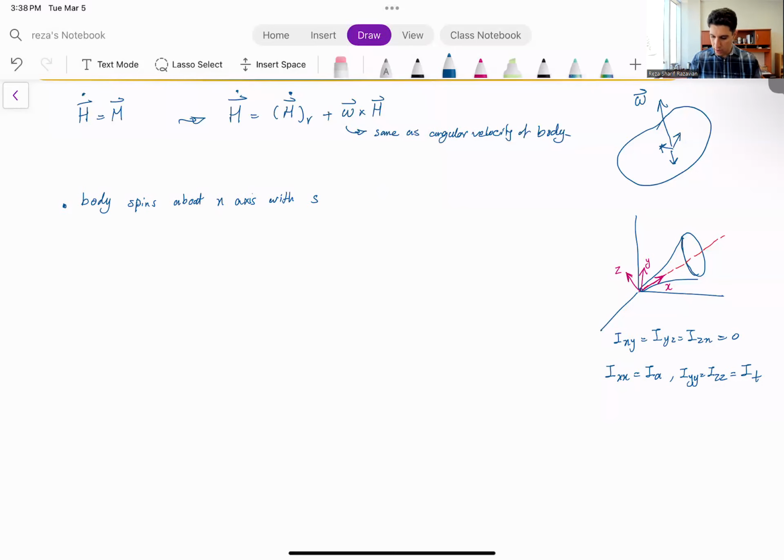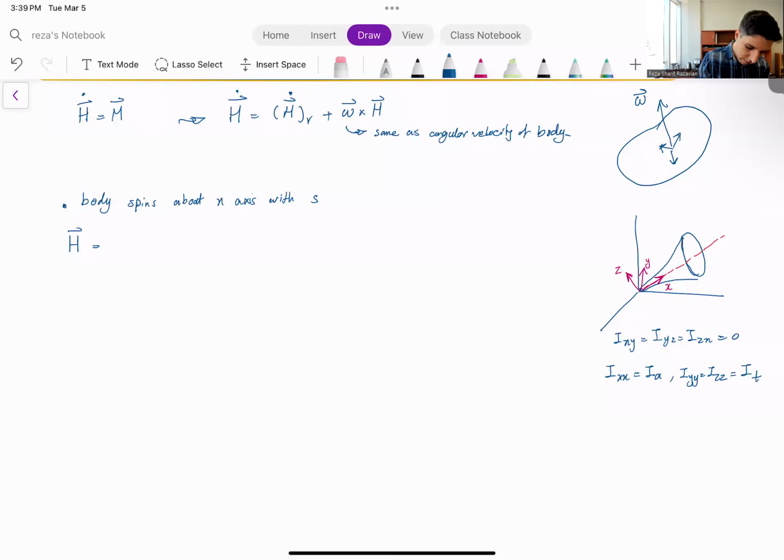So in that case, the angular momentum of the body is very similar to what we had before. So let me bring it here again. Still, as the body rotates in space, I have the omega x, omega y, and omega z of just the frame that tracks the axis of rotation. And on top of that, the body also spins with an additional s about the x-axis.